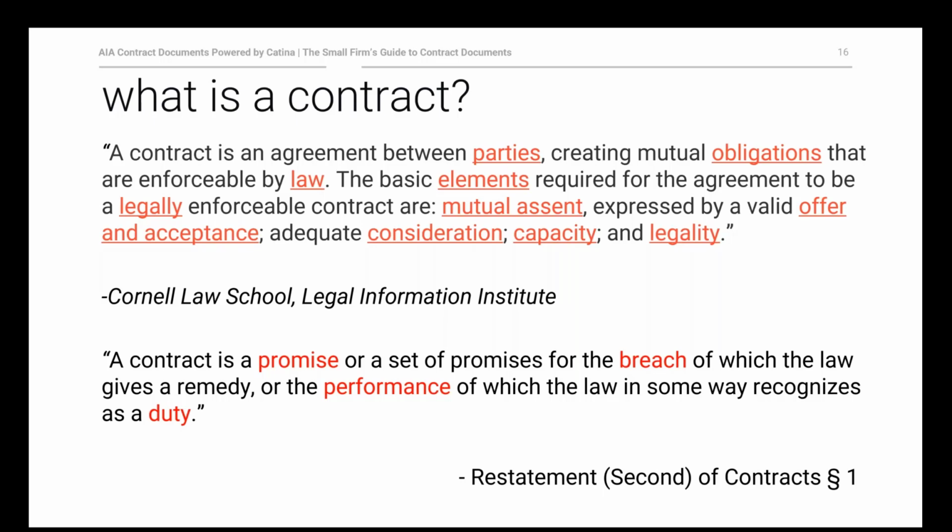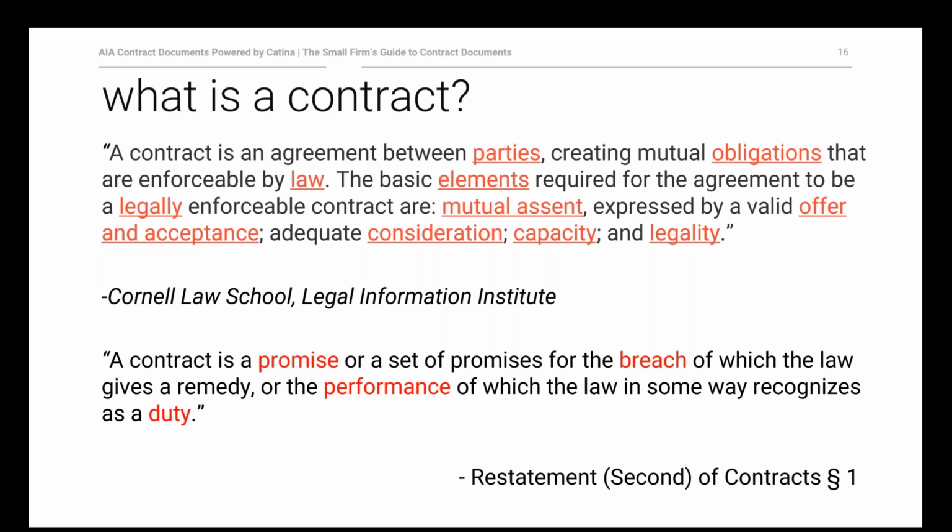For example, as architects, the party might offer to provide a certain level or scope of architectural services, and the owner, project owner, may accept that offer of services, all of which gets memorialized in the terms of the agreement.